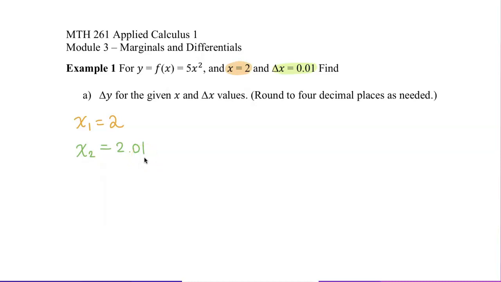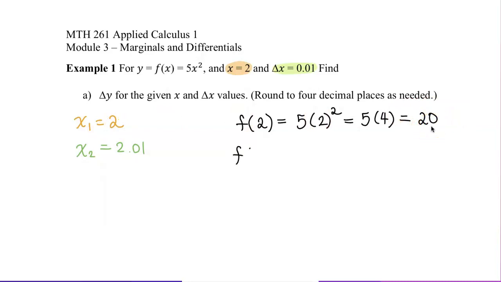What I'm going to do is plug the first x value of 2 into the function. The first y value was 5 times 4, that's 20. So the first value of x equals 2, it was up at 20, right?